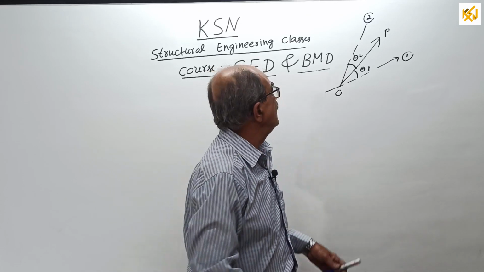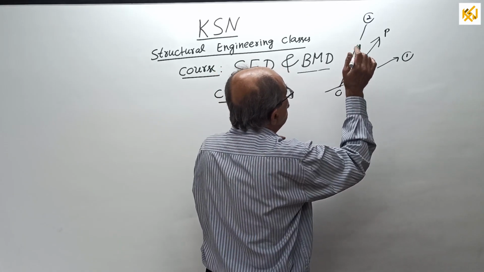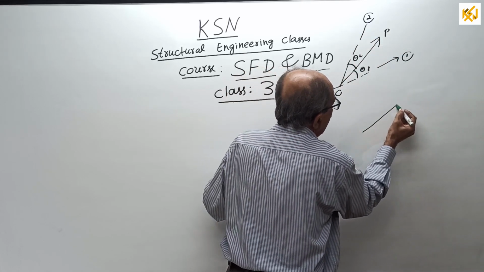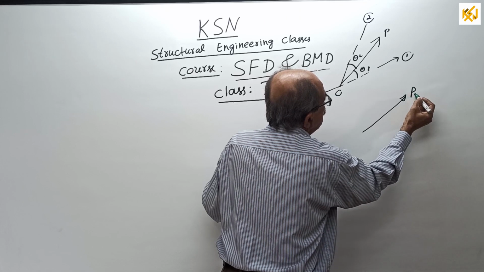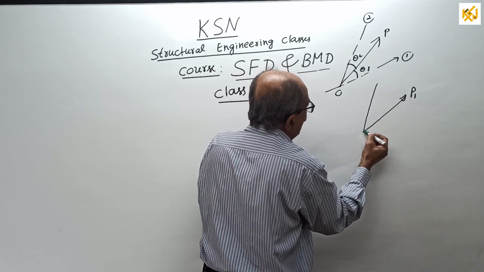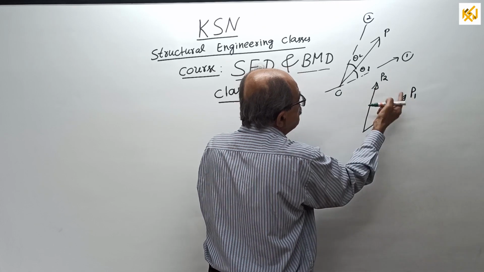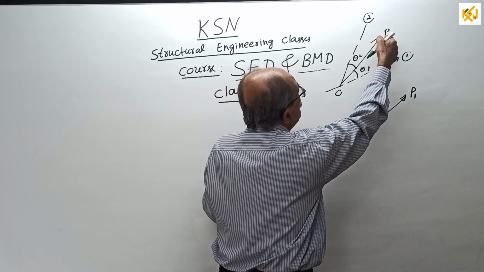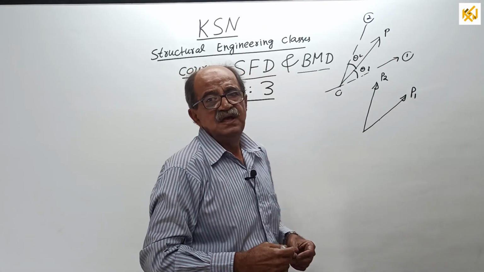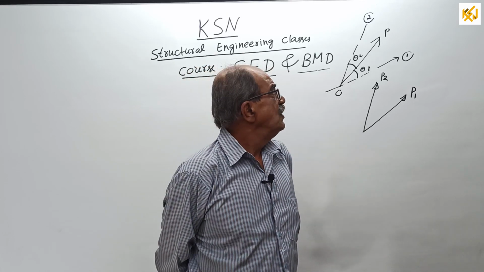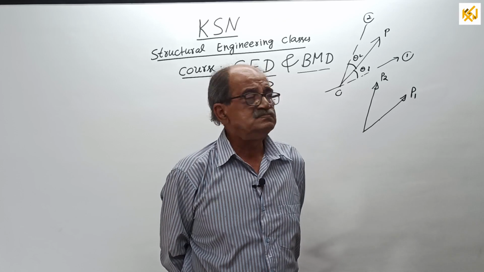Then I told how to resolve this force into two components, one along 1, say P1, other along 2, P2, so that for this P1 and P2, once again, P is the resultant. I explained the principle, given an example, and we even cross-checked the answer also.